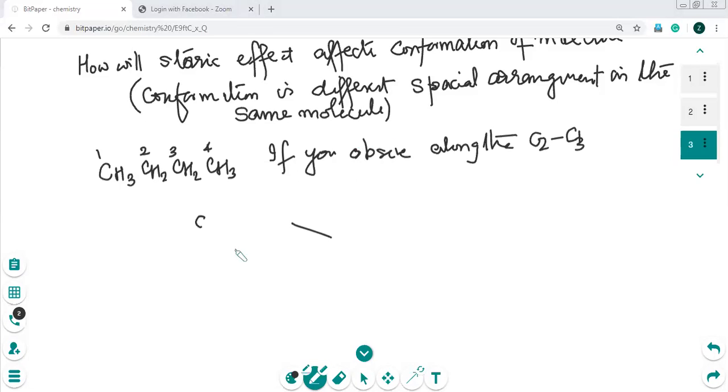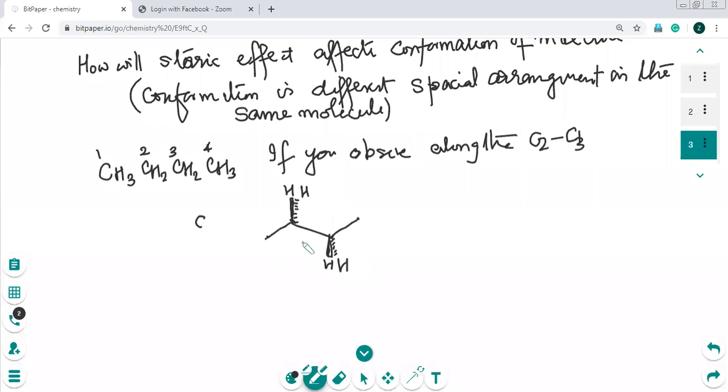And then I have three bonds here. This is C1, C3, C4, C4, C3, C2, and C1. Now, remember, I can put one bond here and the other bond here, H and H. And here also I can put my H over here and H over here.